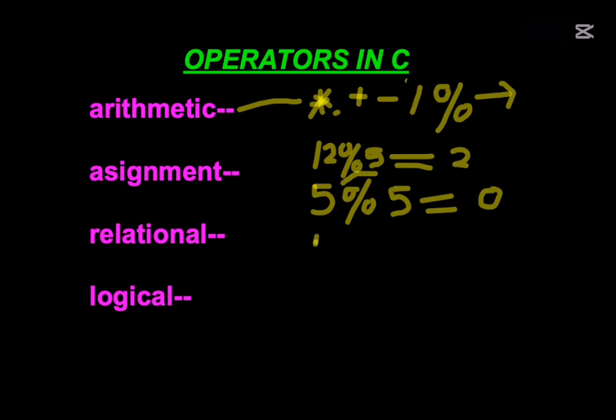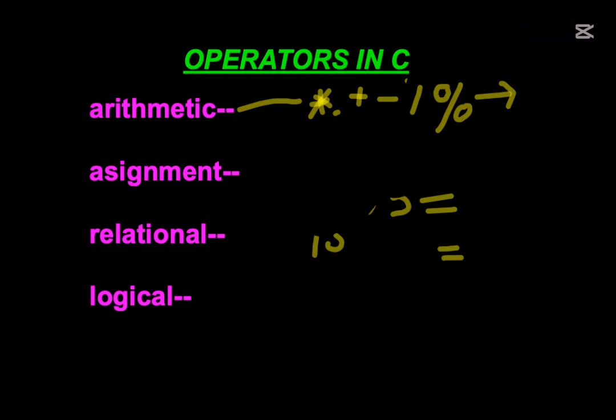Even 10 mod 5 is also going to give us 0, because this only returns the remainder, it does not return the division. That's the difference between this and normal division.